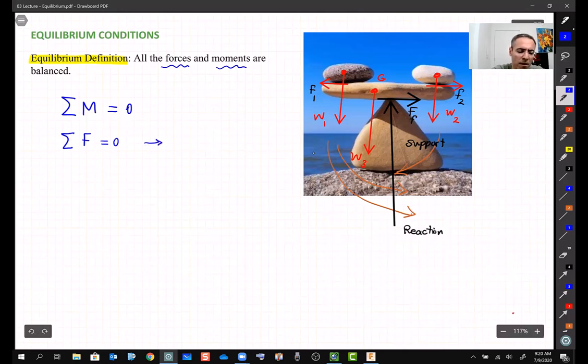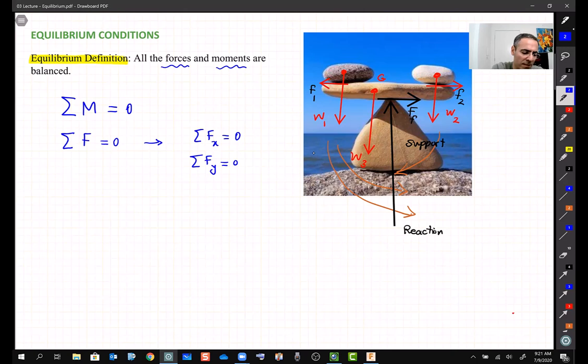So I can simplify it or break it down to x and y, like in this problem. All the forces in the x direction must be 0, and the sum of all the forces in the y direction must be 0. So basically, if I write down all of them here, sigma Fx equal to 0, sigma Fy equal to 0, and sigma M equal to 0.